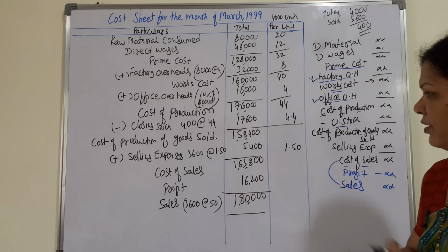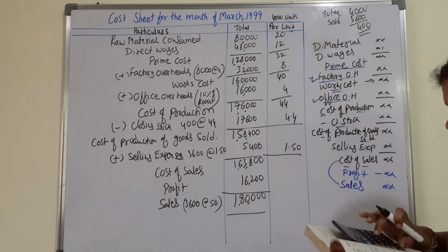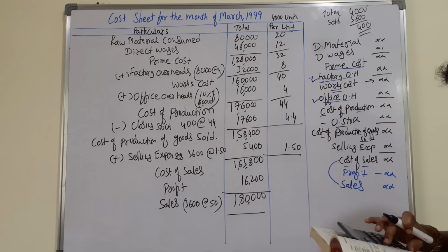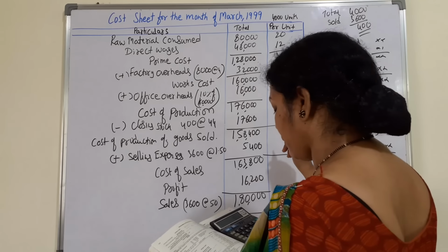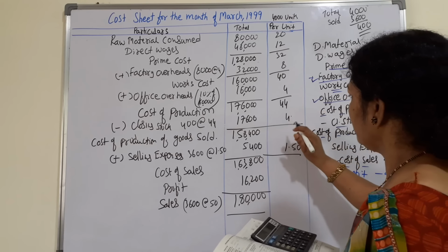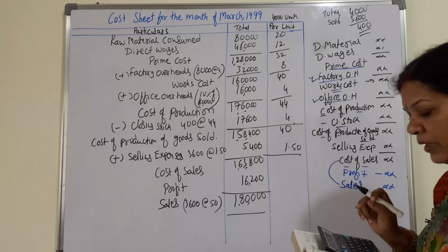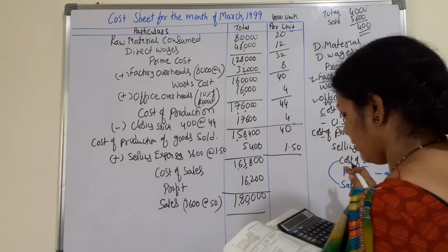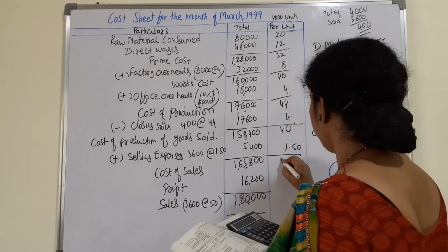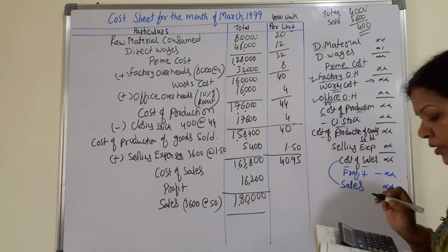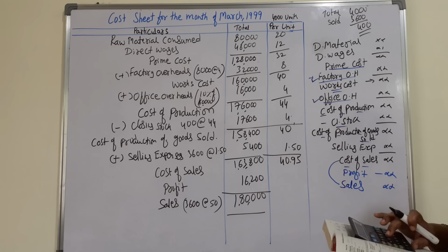If you want to take it per unit, 1,63,800 divided by 4,000, you will get 40.95. And the profit 16,200 divided by 4,000 units.